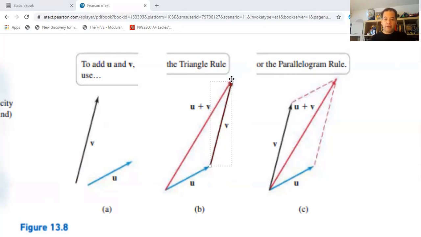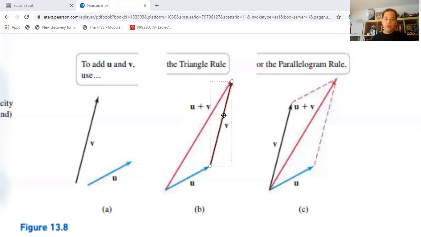And then you look at where your new head is when you follow this path, where you first go u and then go v. And that long one over there, the red one that you see on the screen, that's going to be the answer u plus v, right? As easy as that. So that's one way you can do it.